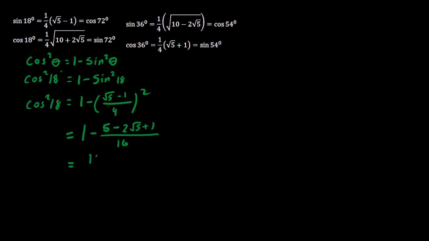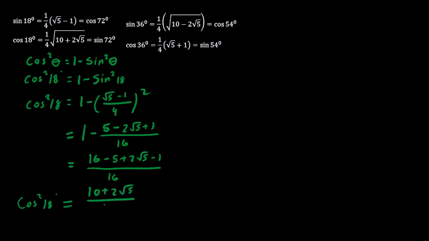So it would be 16 minus 5 plus 2 root 5 minus 1. Now the reason I flipped the signs is because you have to distribute the negative throughout the equation. So cos squared 18 is equal to 10 plus 2 root 5 divided by 16.